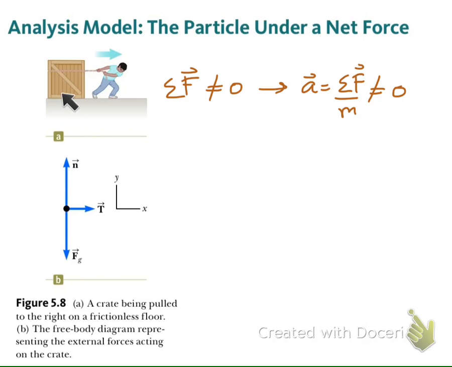And since the box is not moving through the floor, it means that there is the normal force that will cancel the gravitational force. So this is the third force involved with this motion.